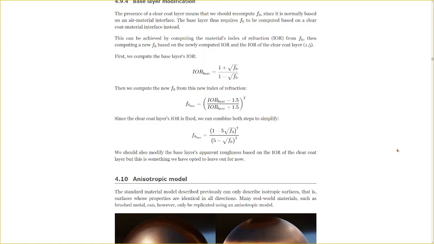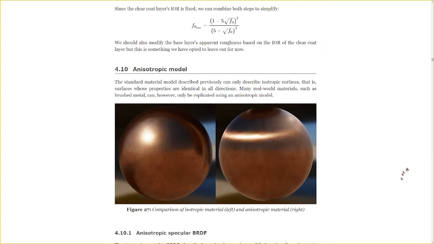Yeah, because it's hard to tell how much of this is because it's targeting mobile. Yeah, I think it's just to get a constant value for F0 of the base material. I also guess if you have too many parameters, it will confuse everyone, confuse artists.